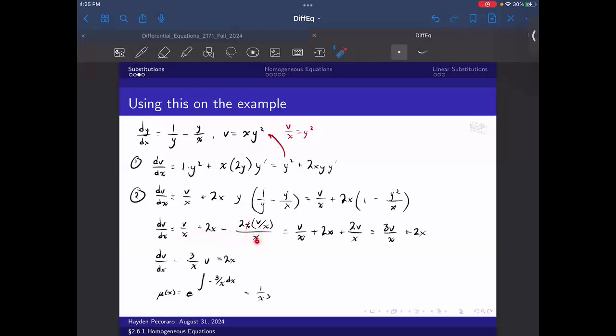Yeah. And then we simplify the 2x v over x over x, v over x. But it's subtracted in the first. Right. So you see what happens is, thank you for catching that.